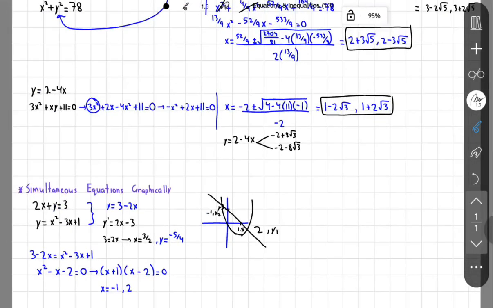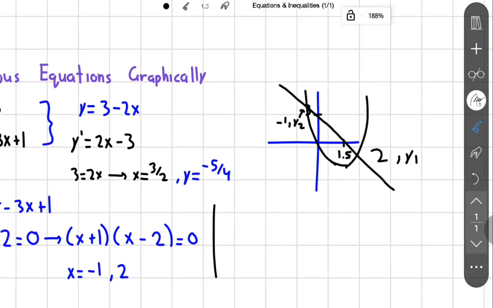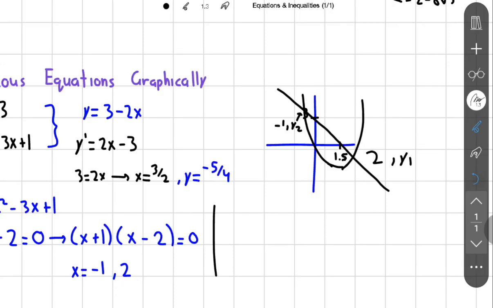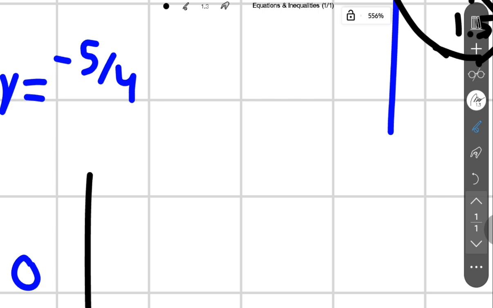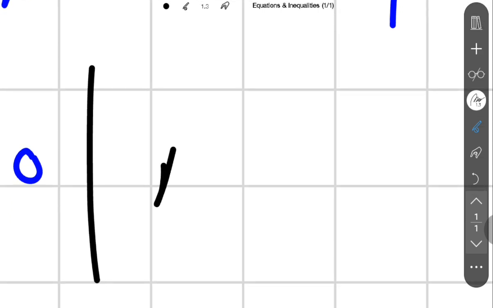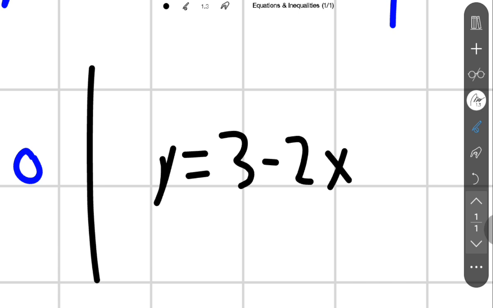We could solve for the y coordinates since we already have the x solutions, and let's just input it in here. So we have y equals 3 minus 2x when x equals -1 and 2.